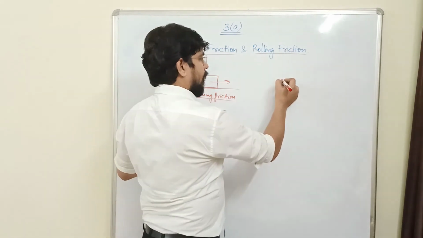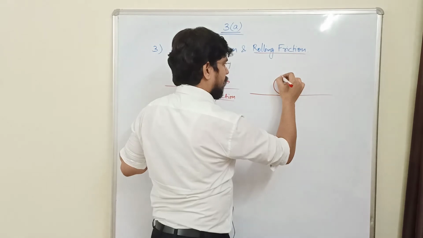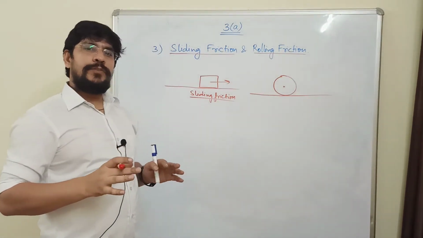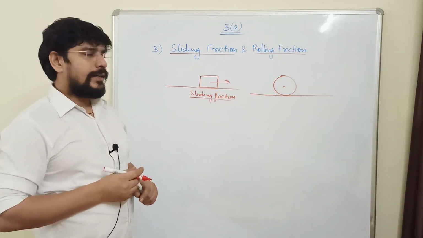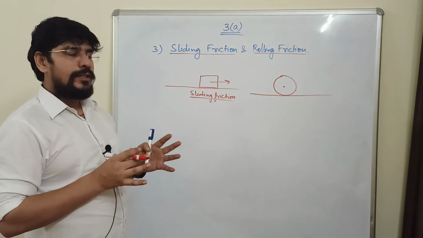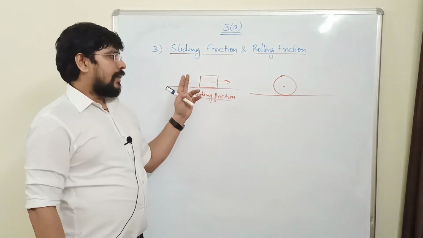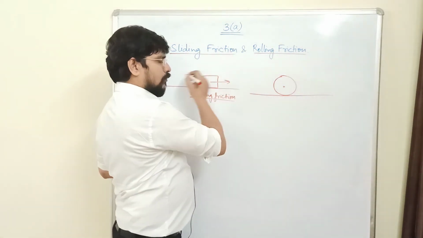If you have a wheel which is moving on some surface, then sliding is not taking place. Sliding will take place only if you apply brakes and a skid is going on, that is sliding, but otherwise the wheel is rolling. The wheel is not skidding or slipping over the ground. Slipping and skidding come under the category of sliding friction. So sliding friction we have already discussed.